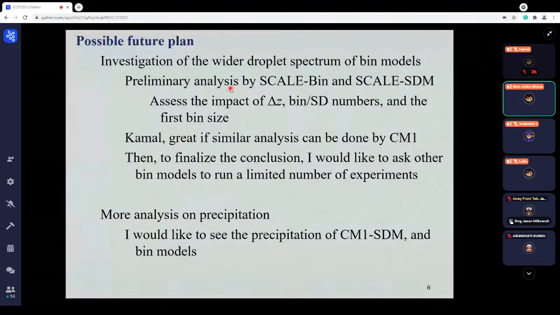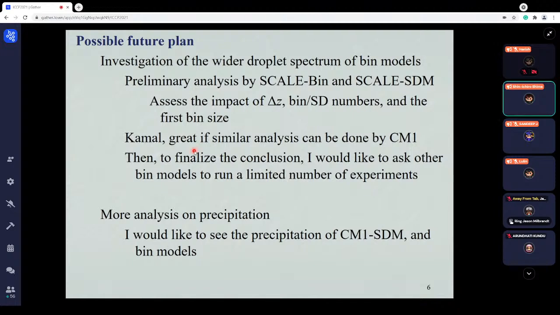I think I have to consult Yosuke Sato first, but we should do some preliminary analysis using SCALE-bin and SCALE-SDM, because those two have almost the same dynamical core, so the comparison must be easy. Using these two models, we assess the impact of the vertical grid resolution, beam and super droplet numbers, and the size of the fast beam.